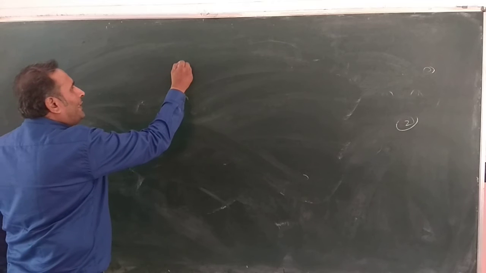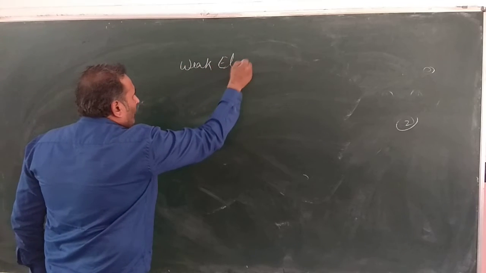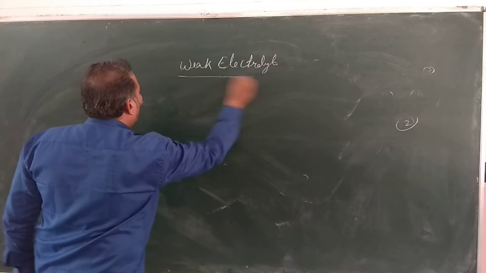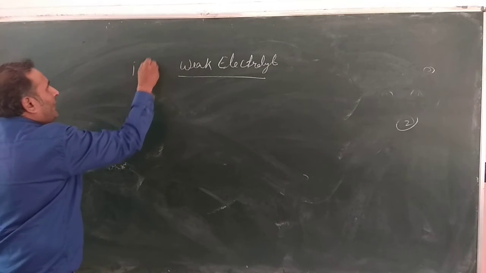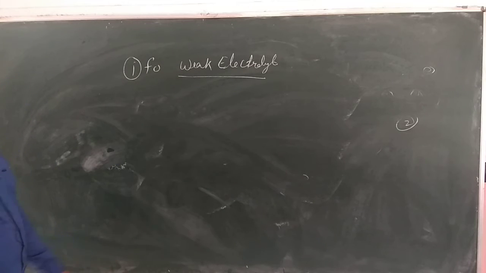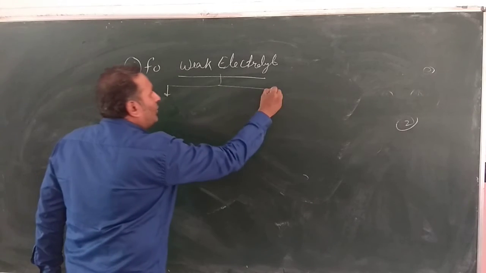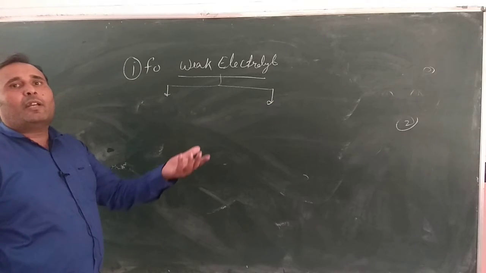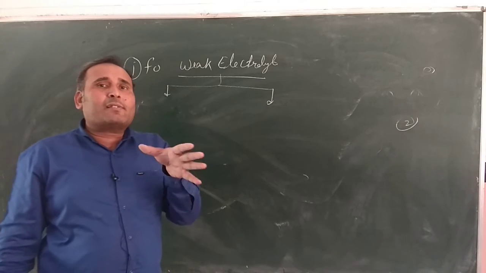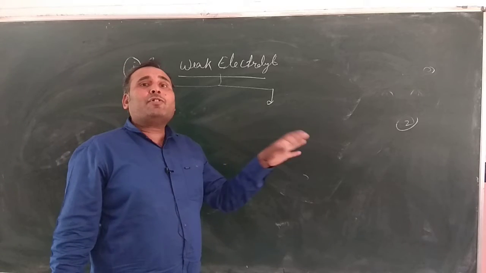How can you calculate i, the van't Hoff factor, for weak electrolyte? Then we have to observe what is the actual case. Actually, weak electrolyte can be ionized, and some electrolytes in some solvents also dissociate as well as associate.